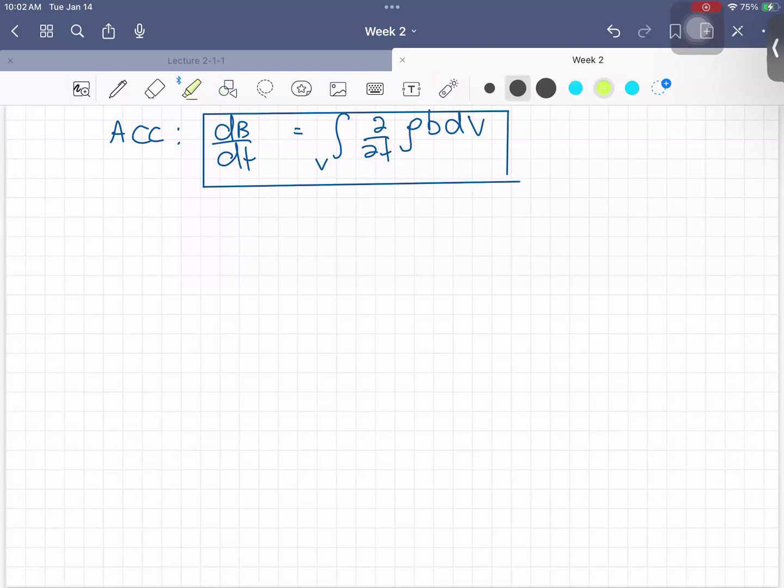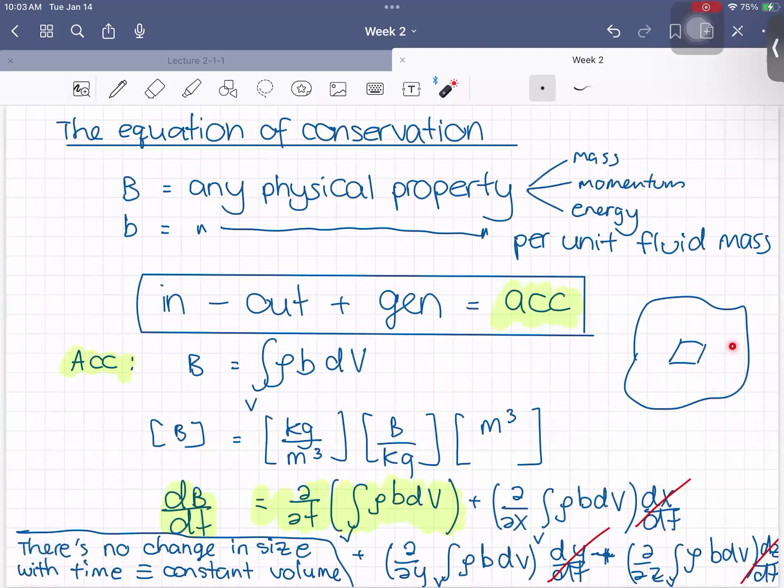I'm going to highlight it again. And you can see here that the integration is with respect to the total volume of this system that we're looking at right now. So you can imagine that the rest of the three terms here, in, out, and generation, will be with respect to the same dV, the same volume, because we're looking at the same system.